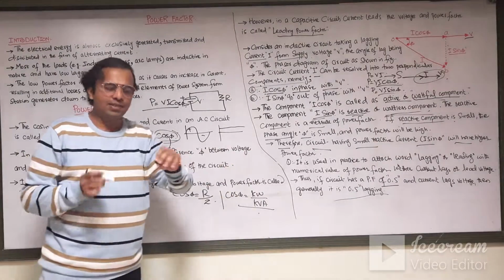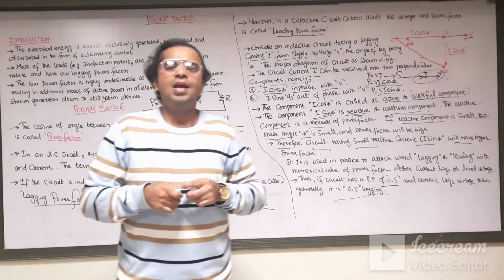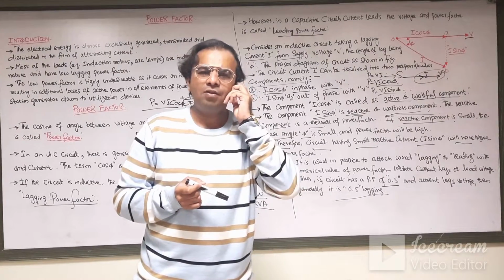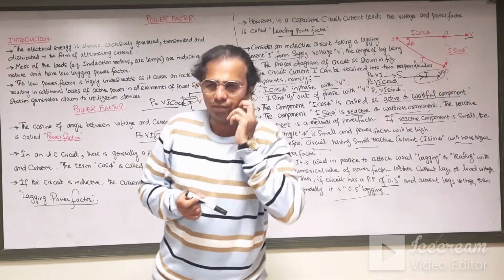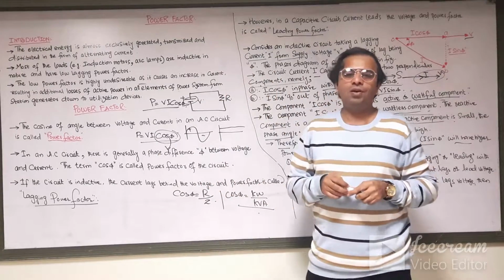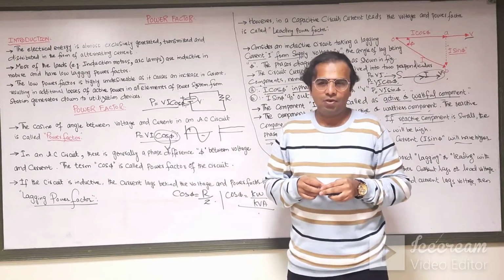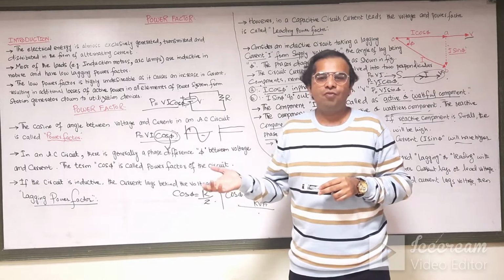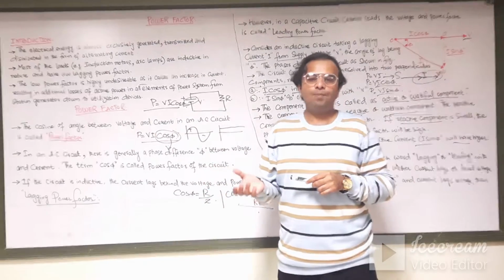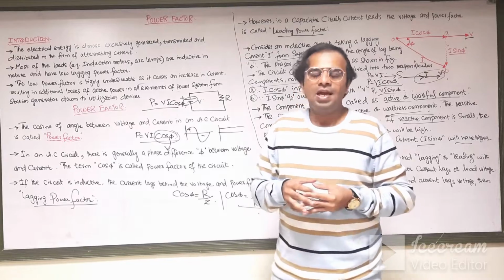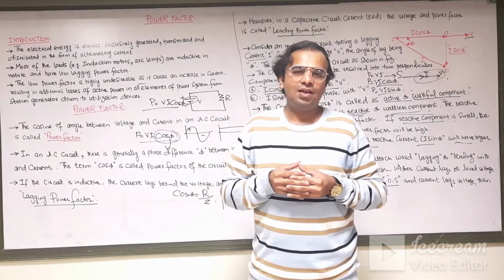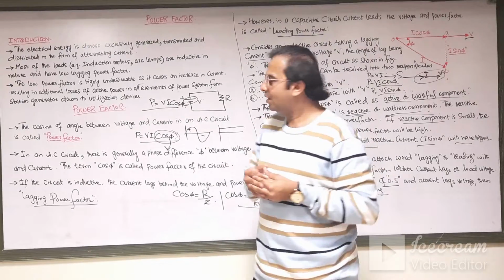Means the power factor is directly proportional to the active power and inversely proportional to the apparent power in our electrical power system. So we have discussed in today's lecture what the power factor is, what the types of power are, and what types of loads are connected with the power system.